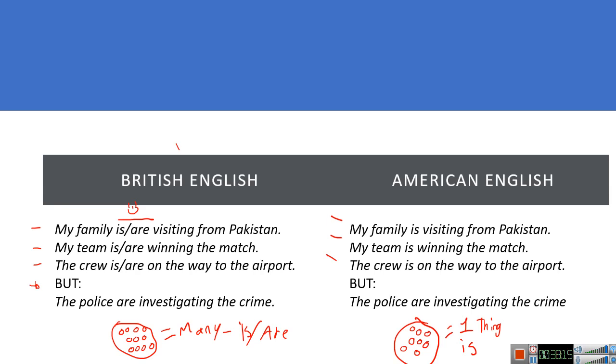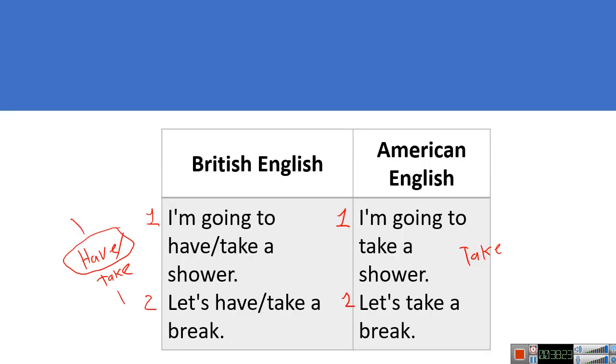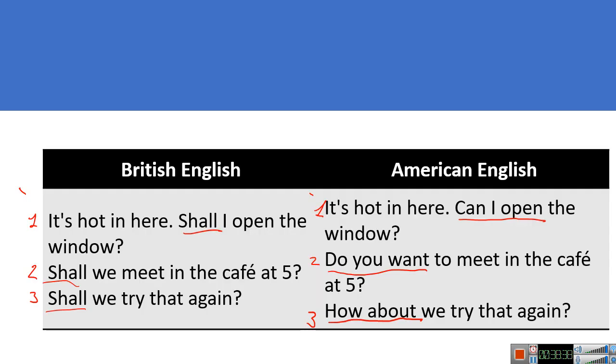Well, have and take, that was an easy one. In American we say take. In British we say have. These are the examples. I'm going to have a shower. Let's have a break. Shall, well, this one is the easiest one because only in British English we say shall.